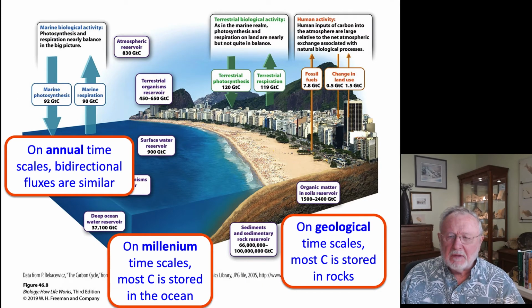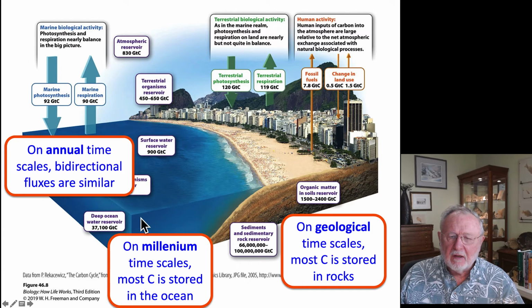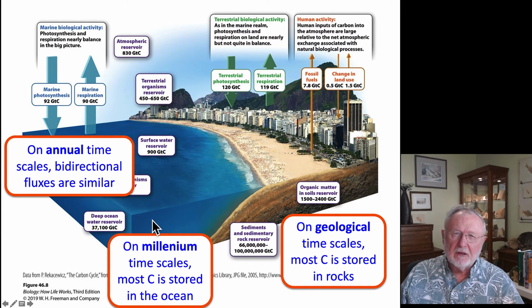We need to keep a time perspective here, though, because on an annual time basis, what happens in the marine and terrestrial systems is something we can influence. Those change over a period of 1 or 2 or 3 years. On a millennium scale, measured in thousands of years, we can change the ocean circulation.